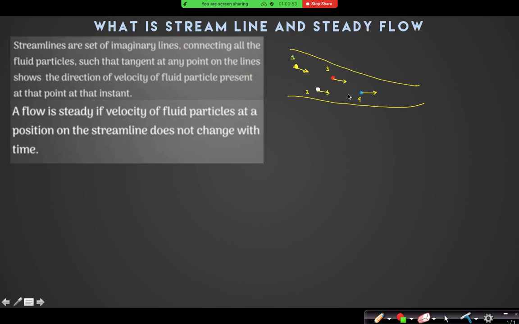Now you want to join all the fluid particles with a set of lines, imaginary lines definitely. But you cannot join them with any arbitrary line. Suppose you want to join the fluid particles like this.